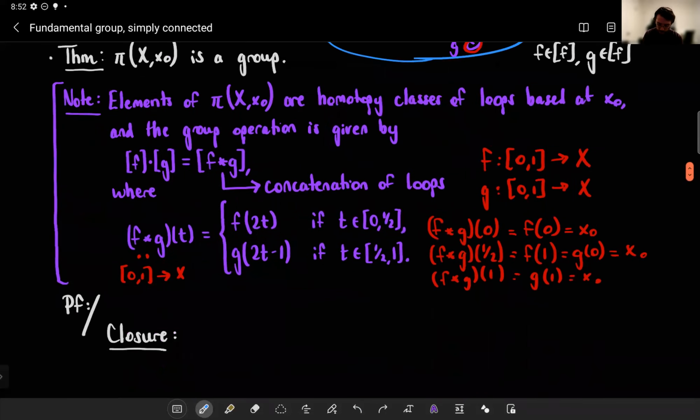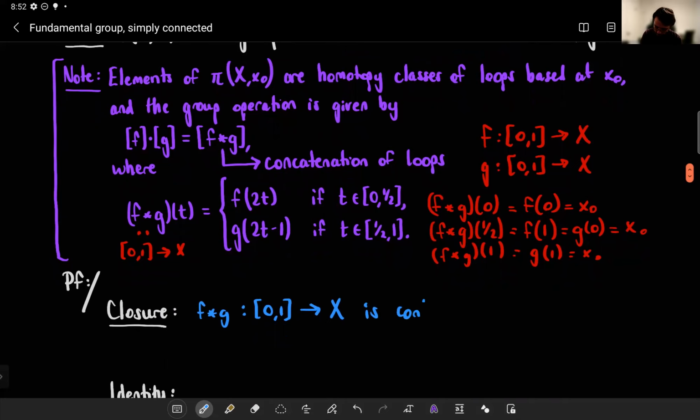So here I'll just note you get closure from the fact that f concatenate g is a map from [0, 1] to X. Is what? Well, it's continuous. That was us verifying that no matter what I plug in at the join point between these piecewise branches, we get the same result, namely x0.